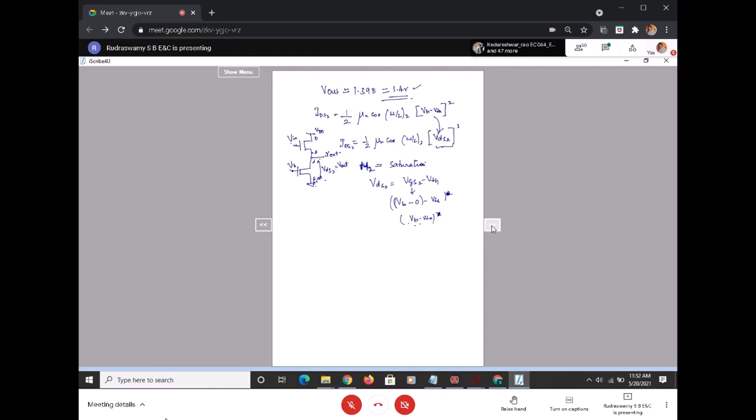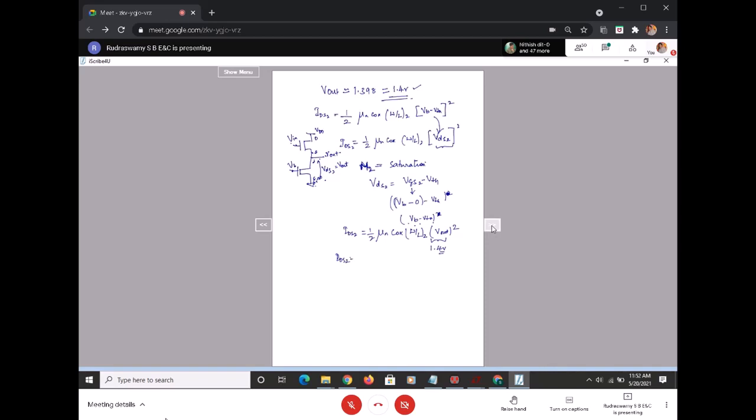So that's why this IDS2 will now become half times mu n Cox W by L of 2 into V out square. And since the V out for M1 and M2 are common, this V out we are replacing by 1.4 volts.